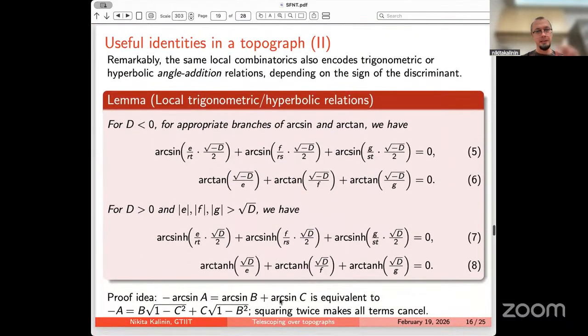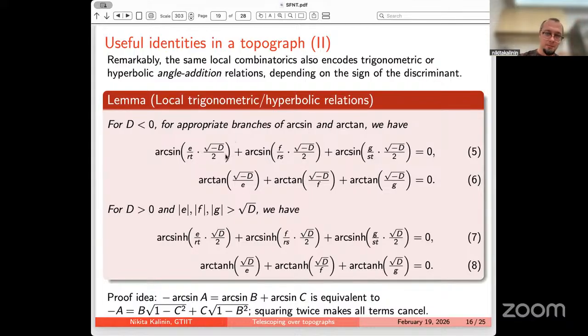Now, what is interesting, these identities have corresponding identities for arcsine, arctan, and also for their hyperbolic versions. So if you have the same E, F, G, as you remember, it's just the scalar product divided by the product of lengths of vectors squared.